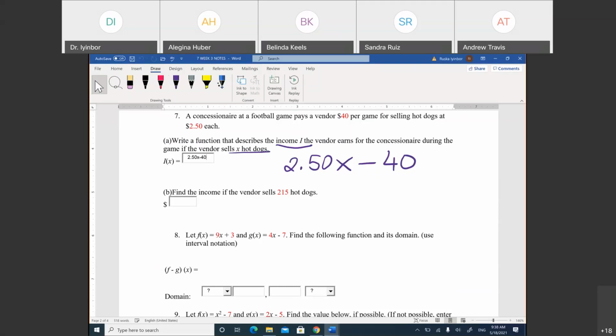And then the next one says find the income if you sell 215 hot dogs. So what does that mean? That's going to be the x, right? The number of hot dogs is x. So we're just going to replace x with 215. So you have 2.50 times 215 minus 40, and that's going to give you the income. Everybody understanding that?